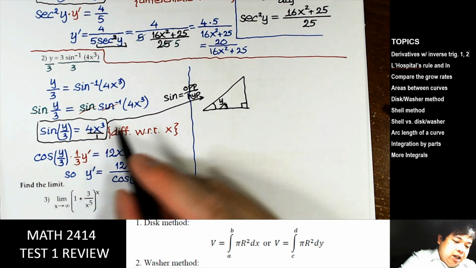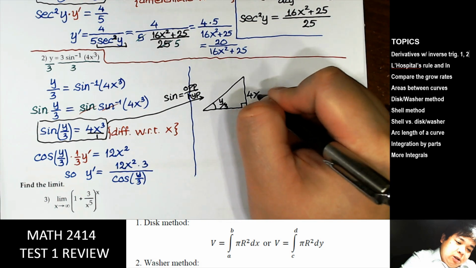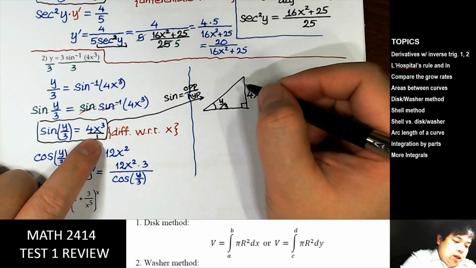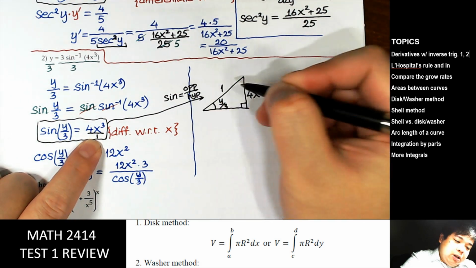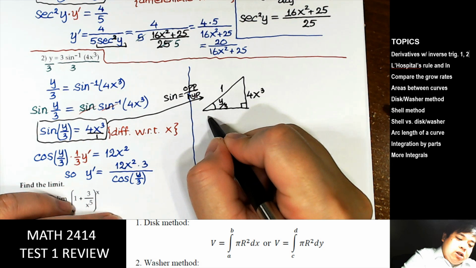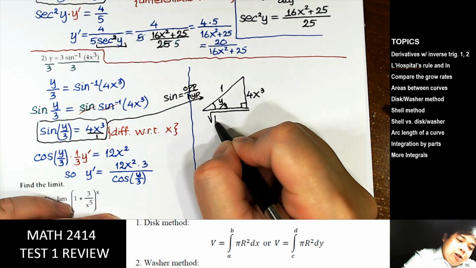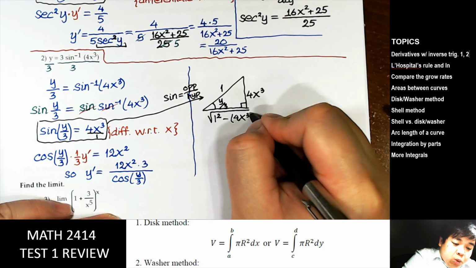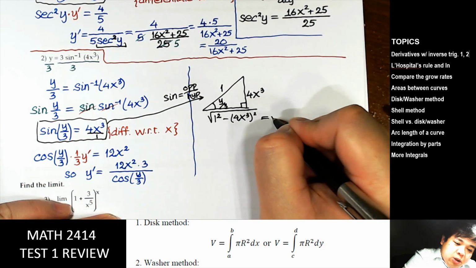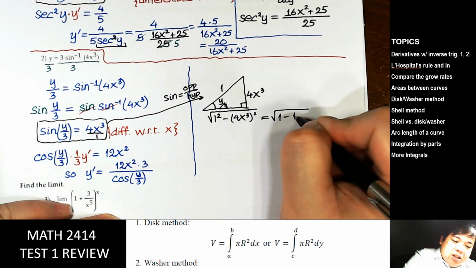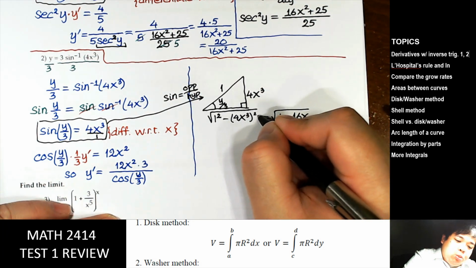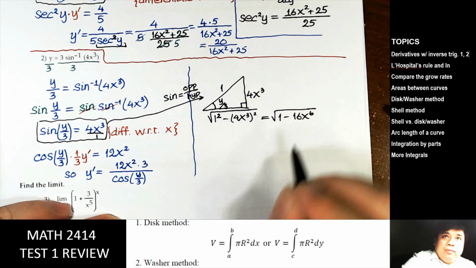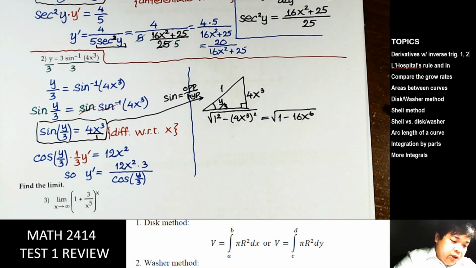So opposite is 4x cubed. The hypotenuse is 1. In that case, the adjacent will be the square root of 1 squared minus 4x cubed squared, which gives us the square root of 1 minus 16x to the 6, since x cubed squared is 3 times 2, which is 6. And then finally, we want cosine.